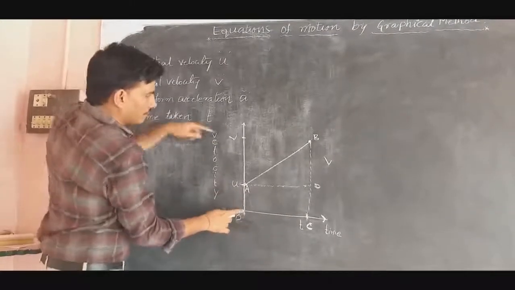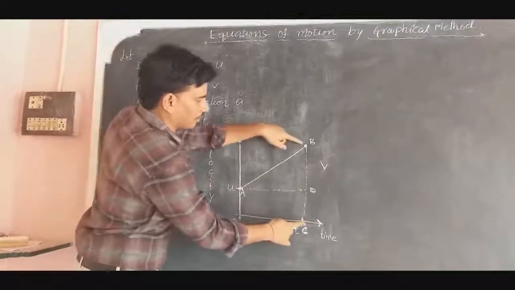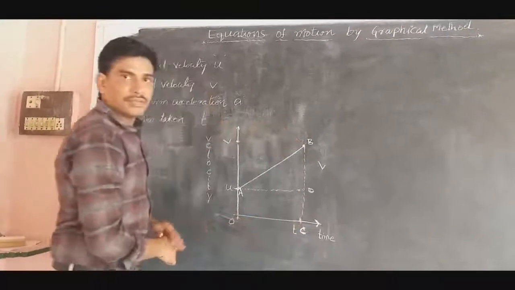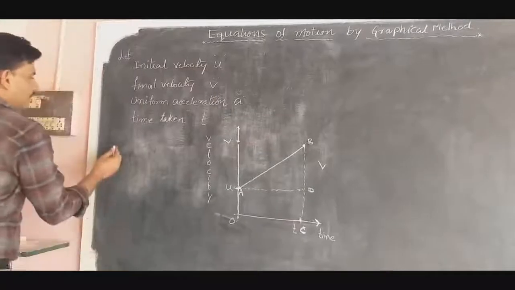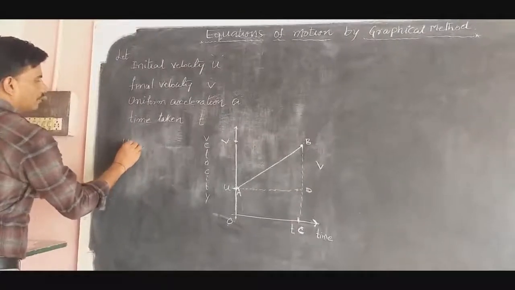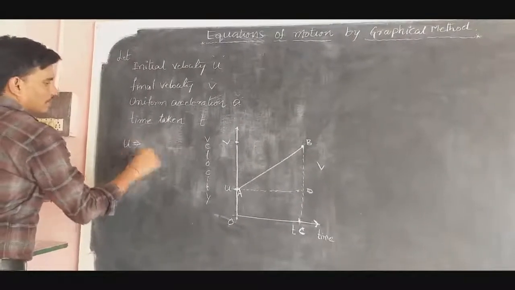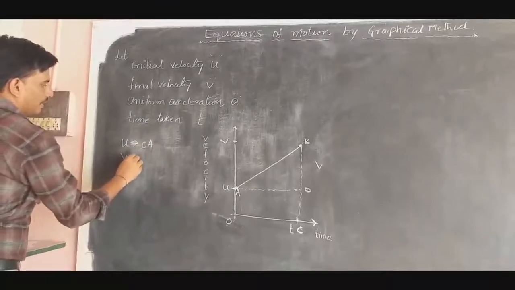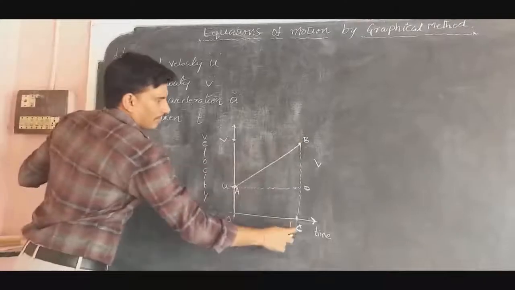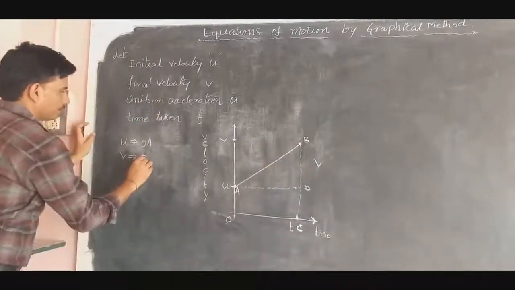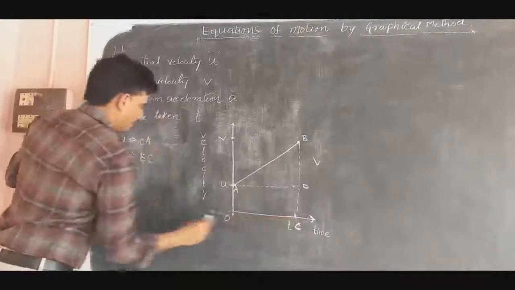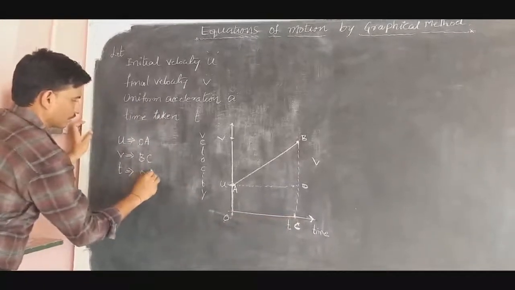And what is final velocity? V is the final velocity, which I represent in terms of BC here. So the length of BC represents final velocity. I represented initial velocity U like OA, the final velocity on the graph is BC, and the time taken is equal to OC.